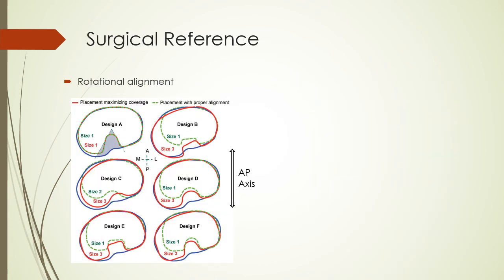From the rotational alignment standpoint, a lot of devices, anatomic devices, can be designed based on certain assumptions of the AP axis, i.e. rotational axis. For example, medial third tubercle to PCL attachment.